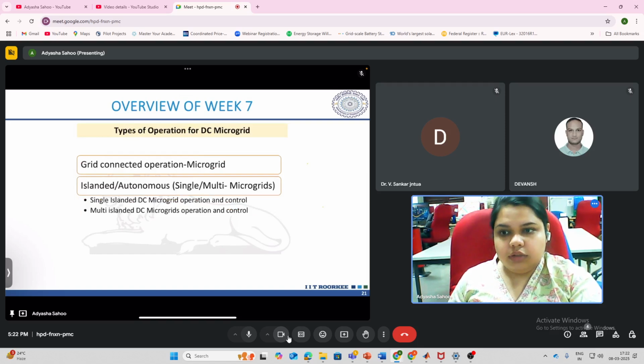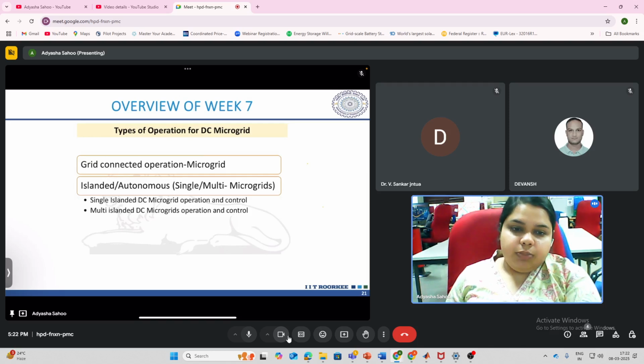Now we have the type of operation for DC microgrid. We know that they can be in the grid connected mode or they can be in the islanded mode.